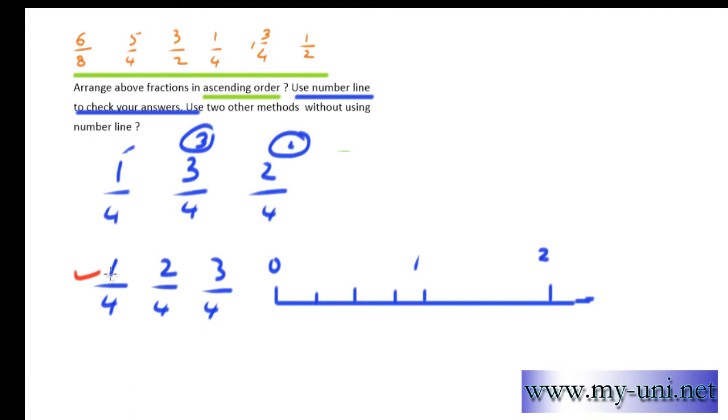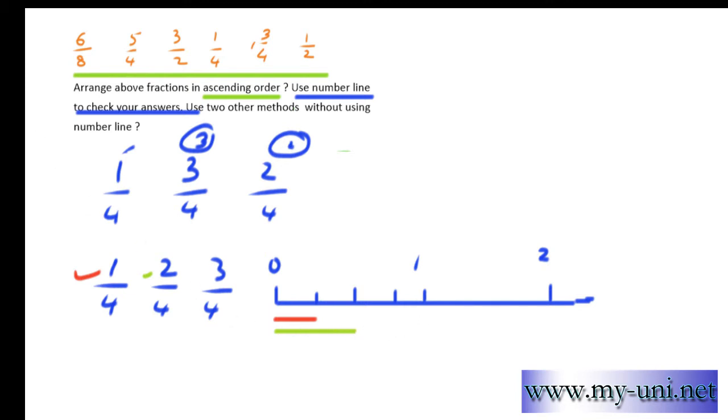This is our smallest fraction, 1 of 4. So the magnitude of this fraction will be from here to here: 1 of 4 equal parts. Now the magnitude of this fraction is 2 of 4, so the size of this fraction would be from here to here, 2 of 4 equal parts.